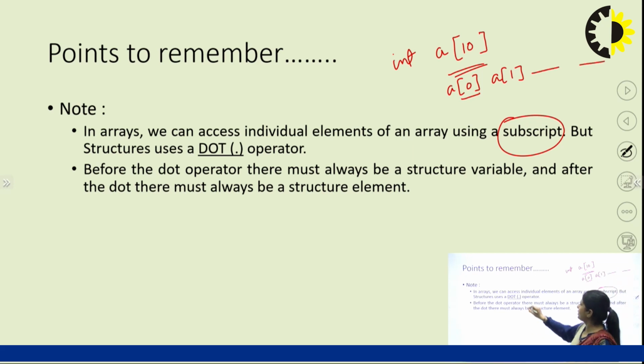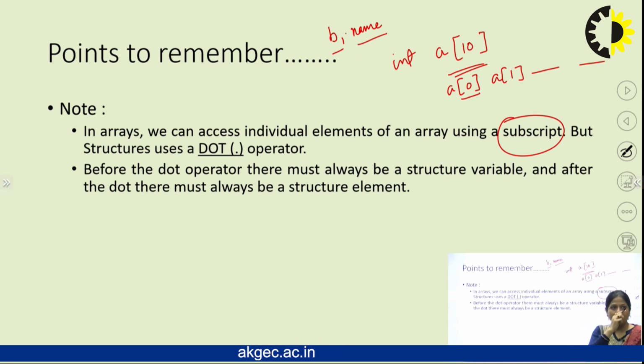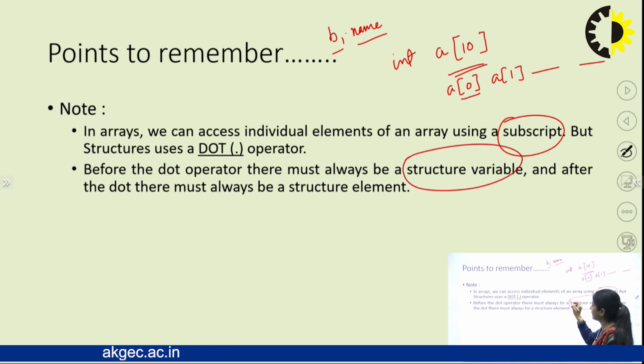So in arrays we can access the individual elements using a subscript, but structures use a dot operator, right? Like we have seen in the previous slide, p1.name. A structure variable dot structure element. Before the dot operator, there must always be a structure variable, as I told you in the last slide.